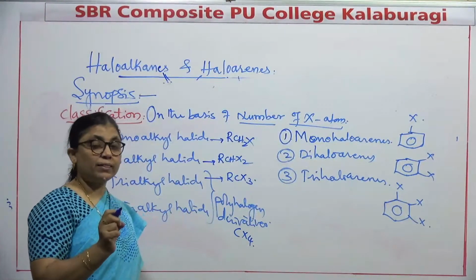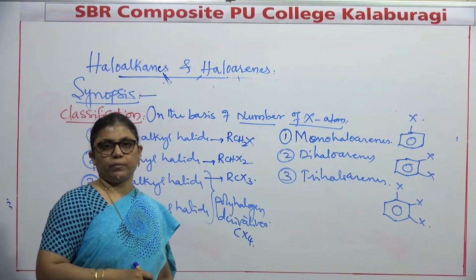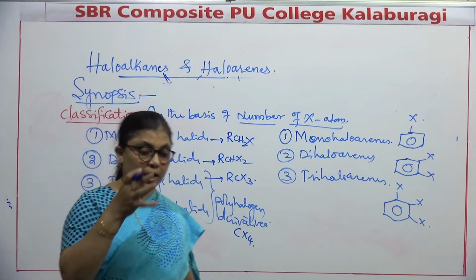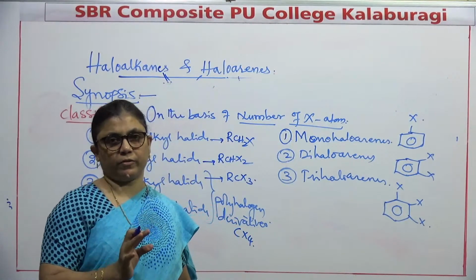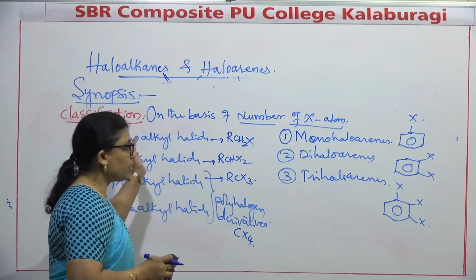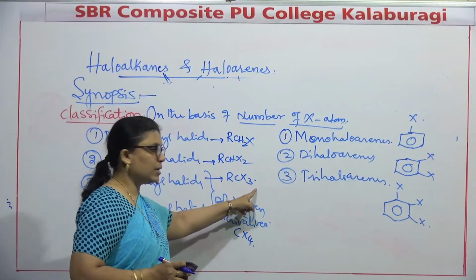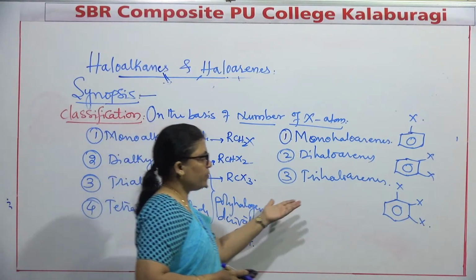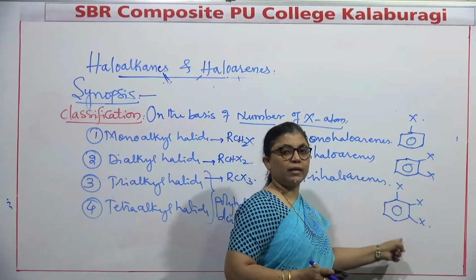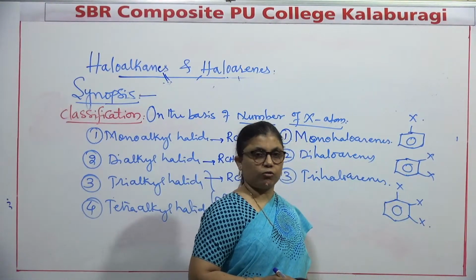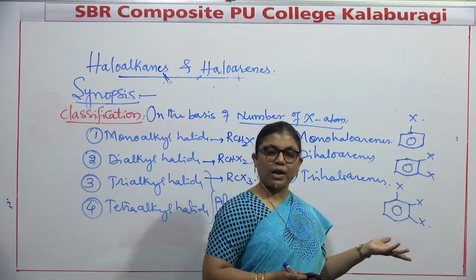Examples you can write yourself, because writing an example and making the name is not so difficult, but remembering the general representation is a must. One halide, two halides, three, poly may be possible. Two will be ortho to each other, they may be para to each other also.